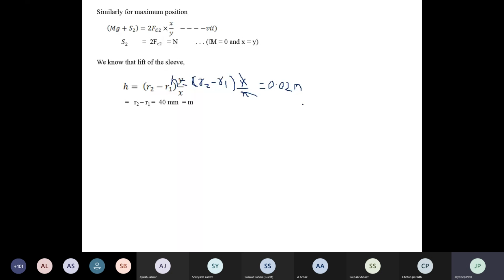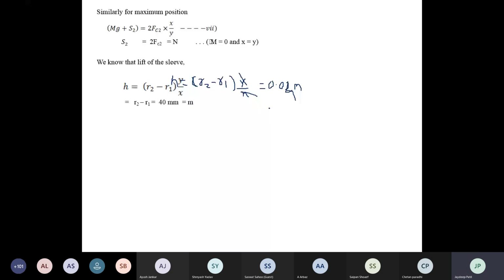Sir, R2 is given as 0.12 meter and R1 is 0.08. Yes, so how much is coming? 0.04. Here is the answer, 0.04.